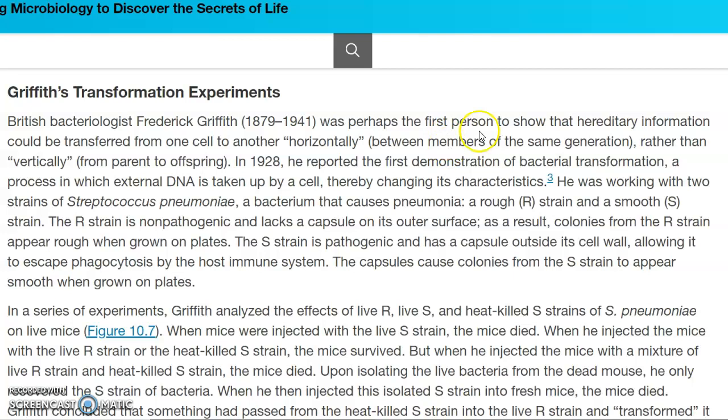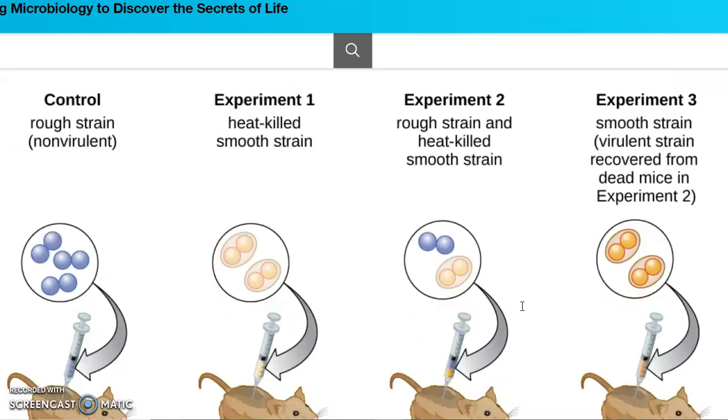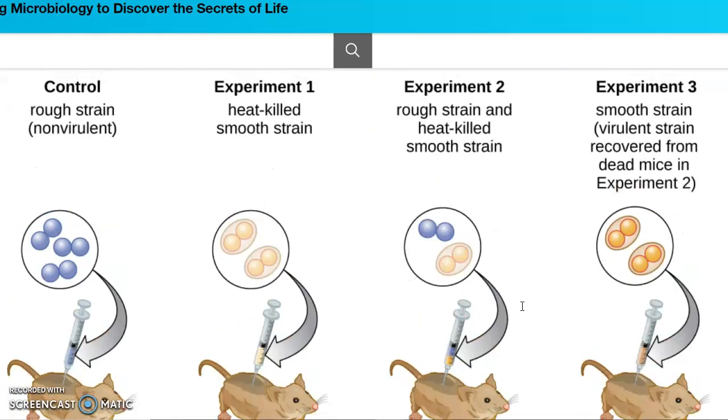And so what he did is he manipulated the effects of live R strains, live S strains, and heat-killed S strains of Streptococcus pneumoniae. So here is his experiment. He had the control, which was the rough strain.